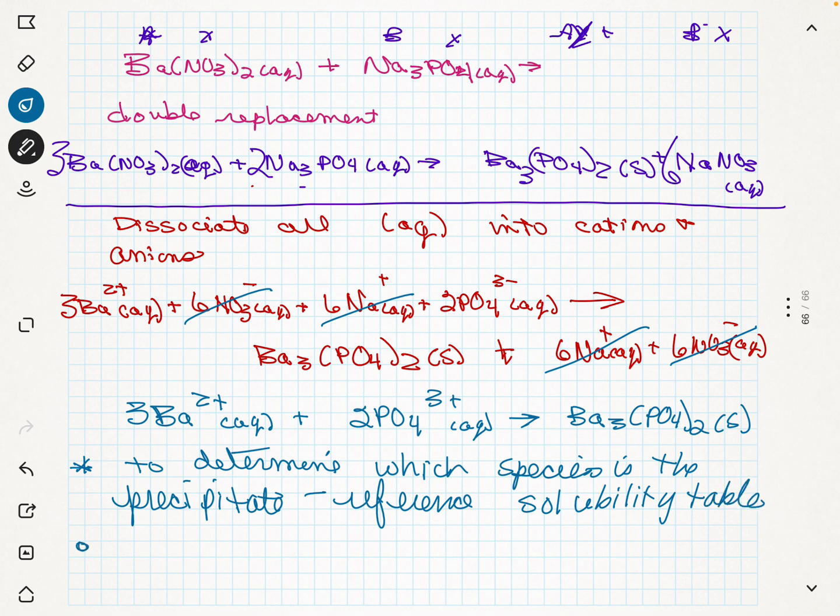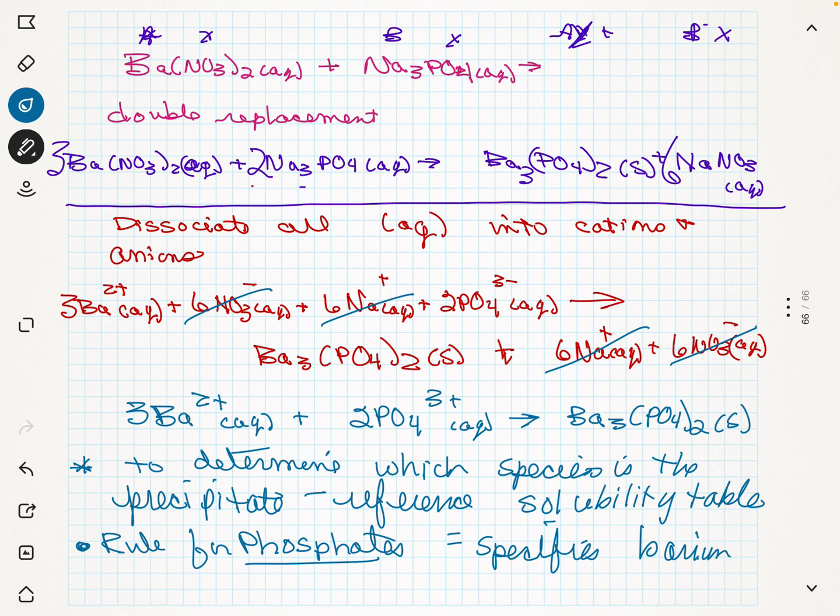So you'll find a rule that states something like, the rule for phosphates will specify barium phosphate is insoluble in H2O, which means it gets an s for precipitate. And that should be it.